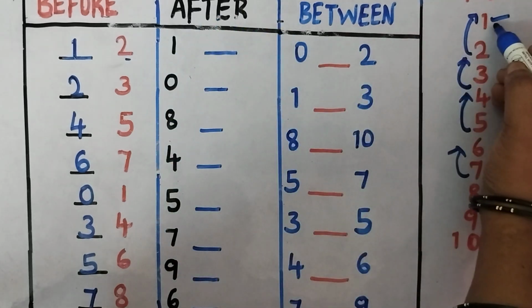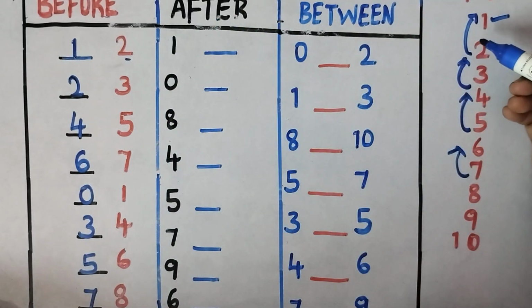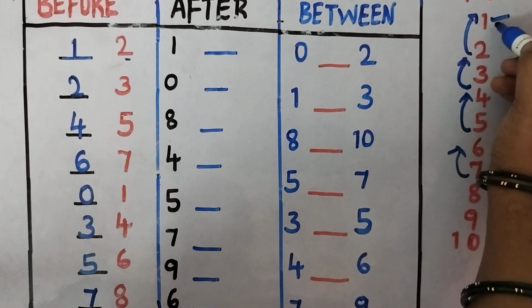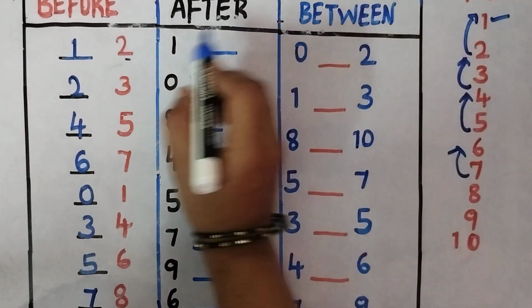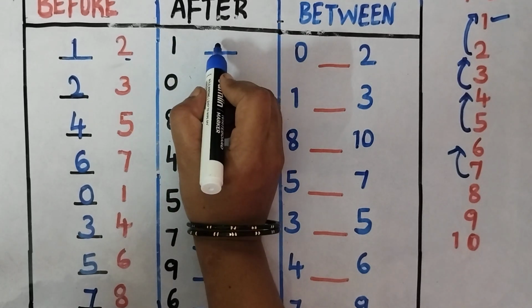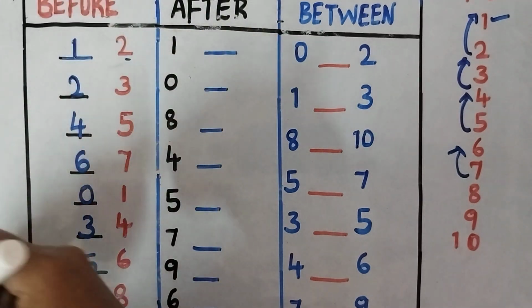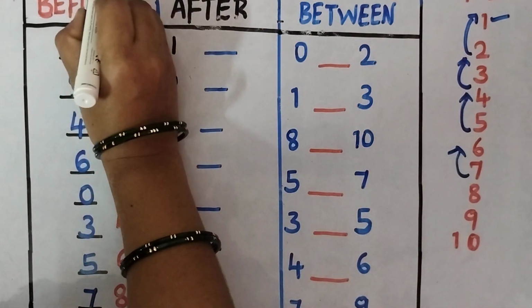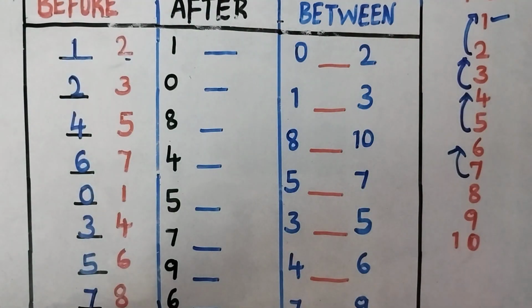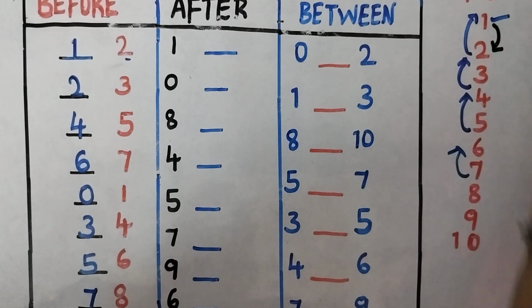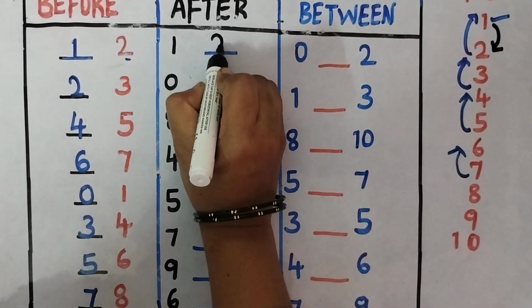After 1, it means going down, it comes from down. For example, here is the number 1. After 1, what comes? After 1, that is number 2. Here after 1, coming down, that is 2. Very good.